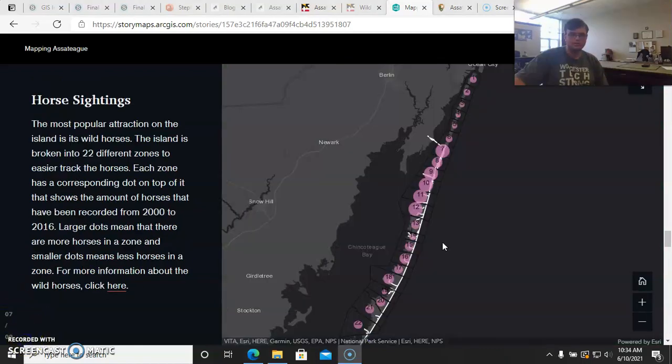This map here goes over the horse sightings throughout the park. The park is broken down into 22 different zones for the horses.